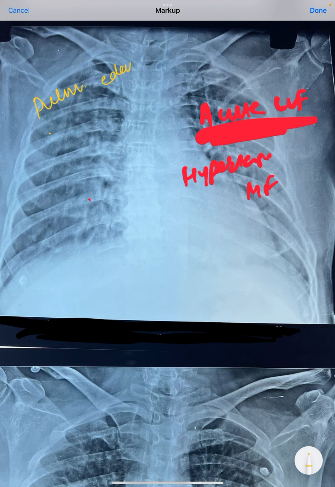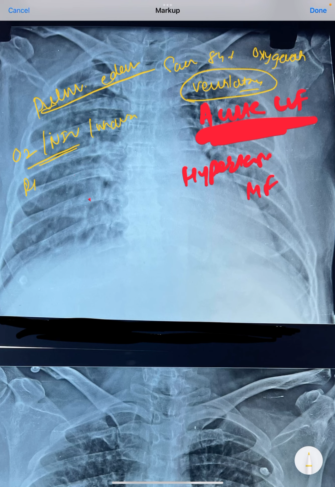As we know, there is so much congestion, and the saturation is very low, 84. So the patient needs oxygenation and ventilatory support. It's very easy: the saturation is less, so we can give oxygen or a ventilator, that is NIV, or an invasive ventilator. And the second thing is the patient's respiratory rate is very high.